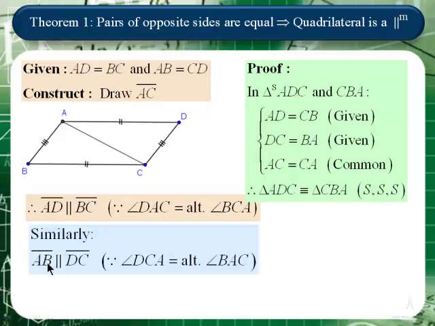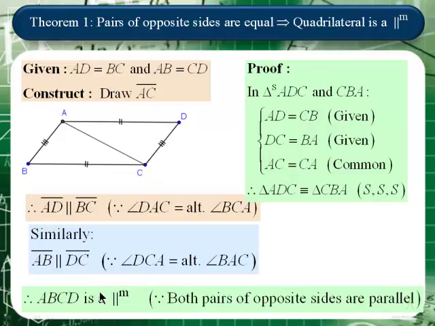In a similar way, line segment AB will be parallel to line segment DC, because alternate angles BAC and DCA are equal. So therefore we have proved that both pairs of opposite sides are parallel, and therefore from the definition we know that ABCD must be a parallelogram.